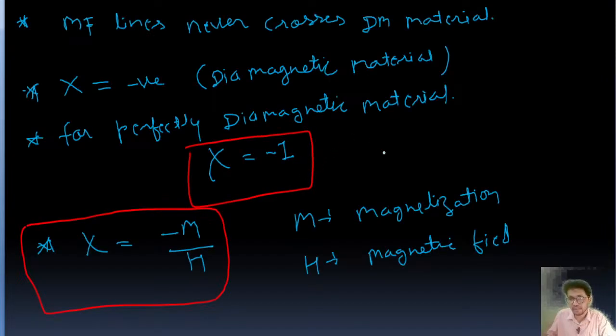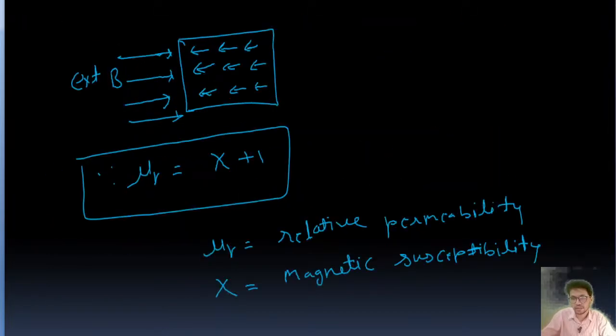Next, for perfectly diamagnetic material, one more thing, mu r equals 0, because we know mu r is equal to chi plus 1.